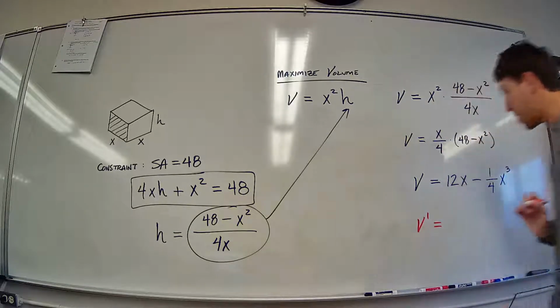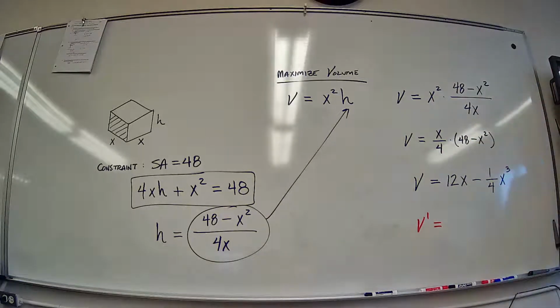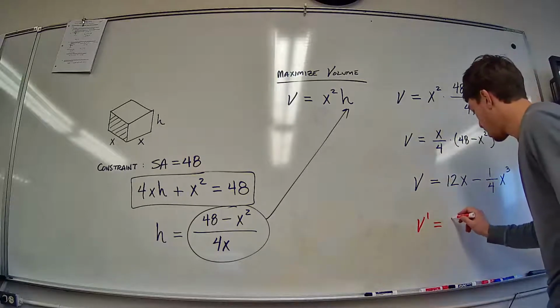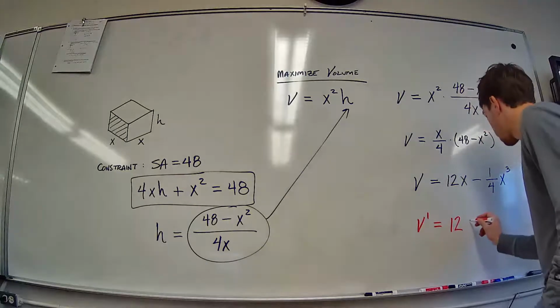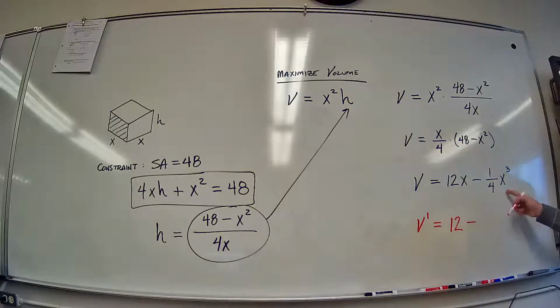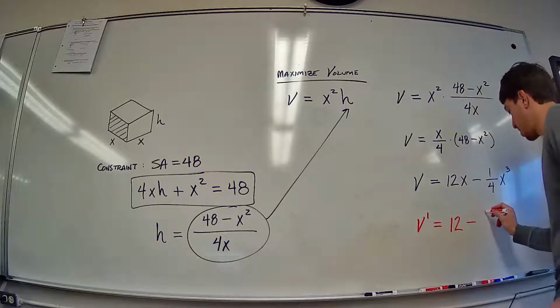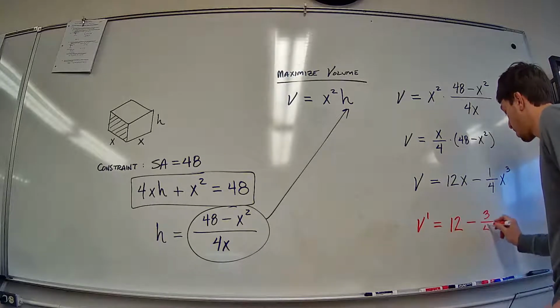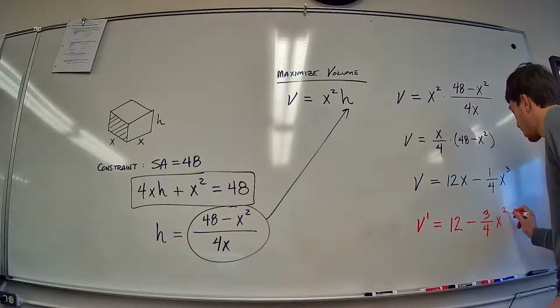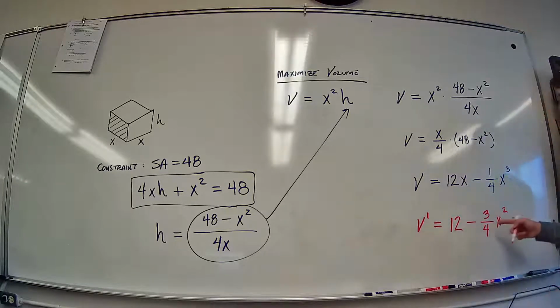V prime would be the derivative of volume with respect to x. So we get 12 minus, what's this going to turn into? 3/4 x squared, very good. And then we set that equal to 0.